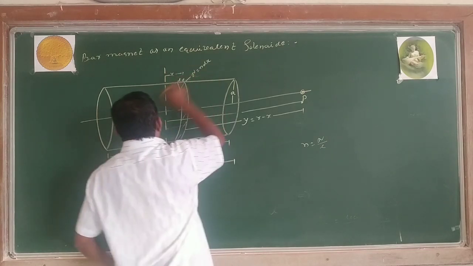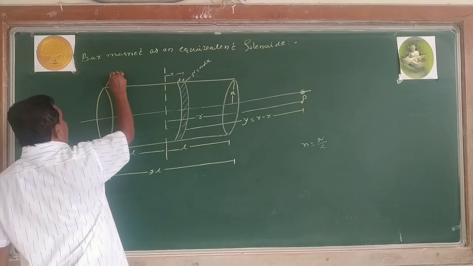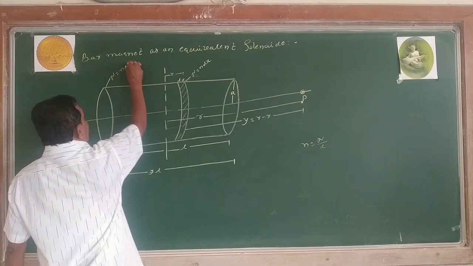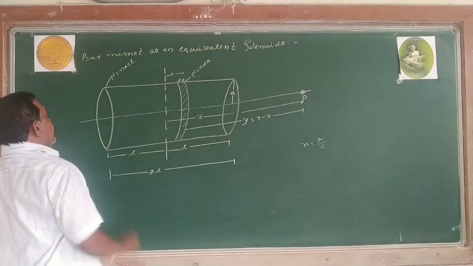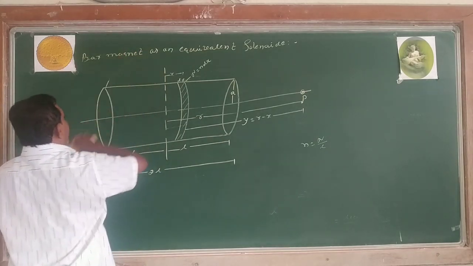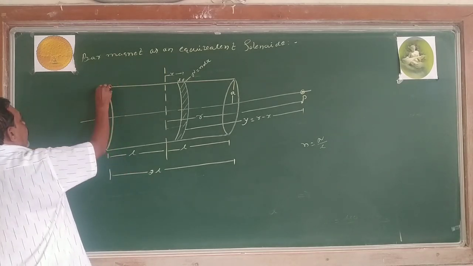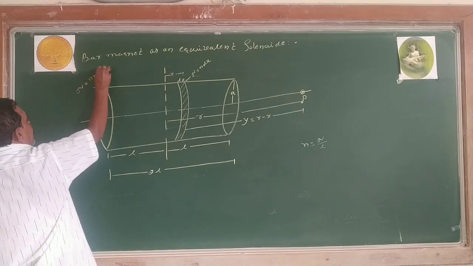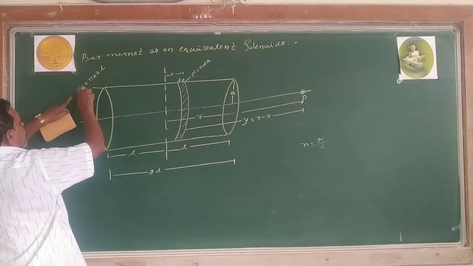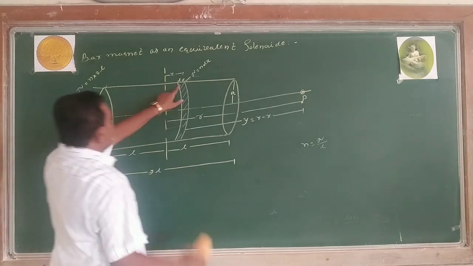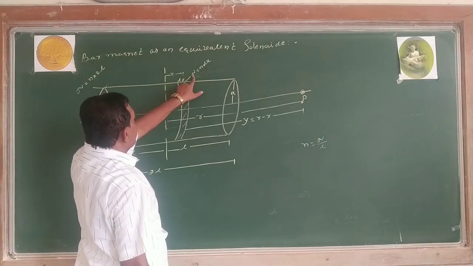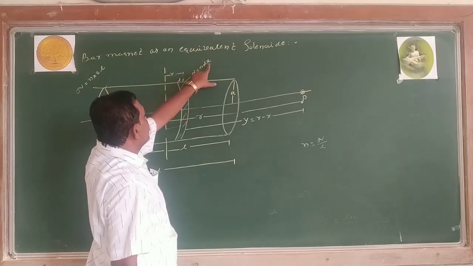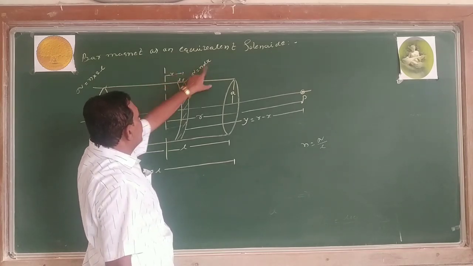For the complete solenoid, capital N equals number of turns per unit length times 2L, that is, capital N equals n into 2L. For this small portion, total number of turns N equals n into dx, since unit length is nothing but dx. Now, this is our figure.